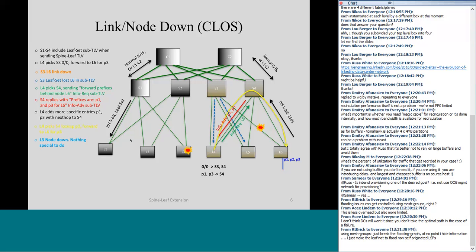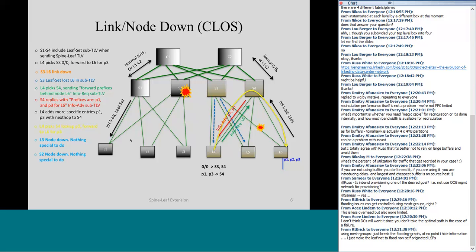In the case of a node down, say a leaf node down, S1 and S2 were both saying we lost L3 in their leaf set advertisements. There's nothing we need to do. And in the case of a spine node going down, same thing.